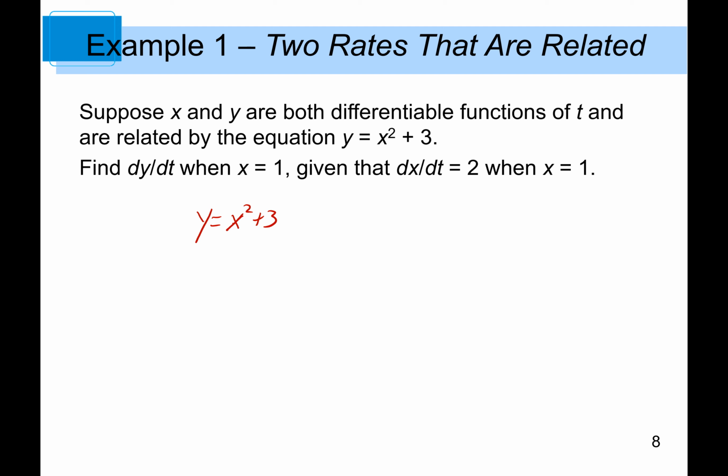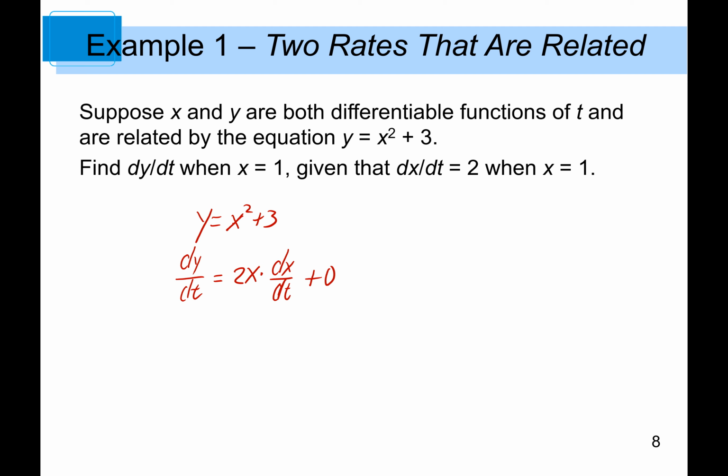Okay, so first of all, we have to differentiate this implicitly with respect to time t. So first of all, we do dy over dt. And the derivative of x squared is 2x. Just remember we have dx over dt. And the derivative of a constant becomes 0.